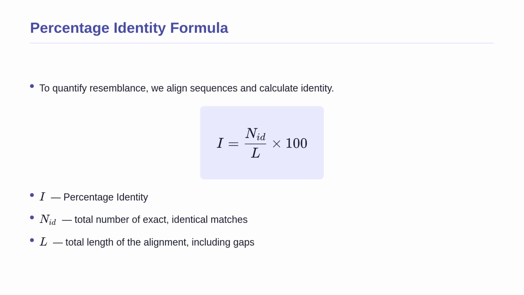In this formula, I represents the percentage identity. N sub ID stands for the total number of exact identical matches. L represents the total length of the alignment, which includes matches, mismatches, and gaps. If the number of exact matches increases, the overall identity percentage naturally increases.